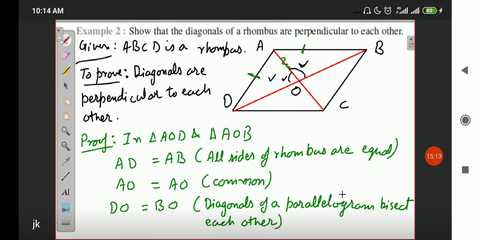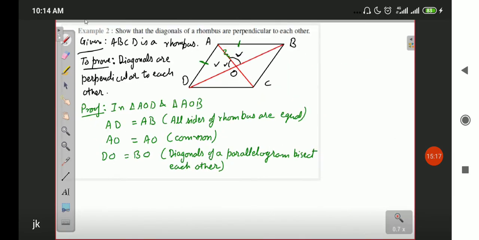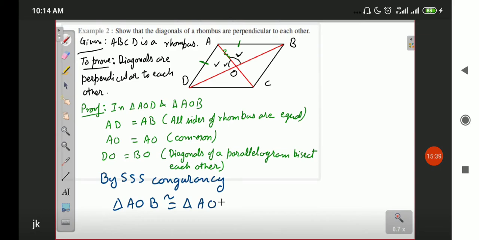So in this manner, by SSS congruency, triangle AOB will be congruent to triangle AOD.